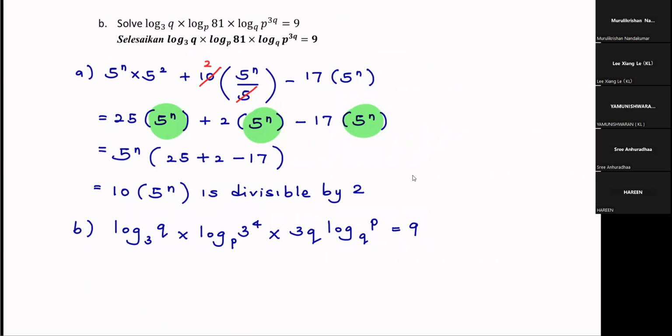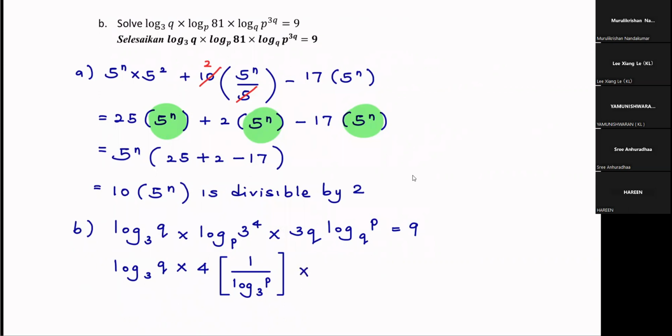Okay, so now this 4 also you can bring in front. This one you just switch one. Okay, I can switch here. 1 over log 3P. One over log 3P. Okay, 3, 4. The 4 put in front. 1 over 3P. Okay, done.